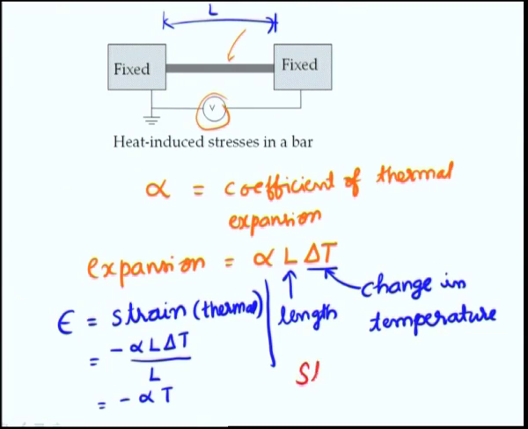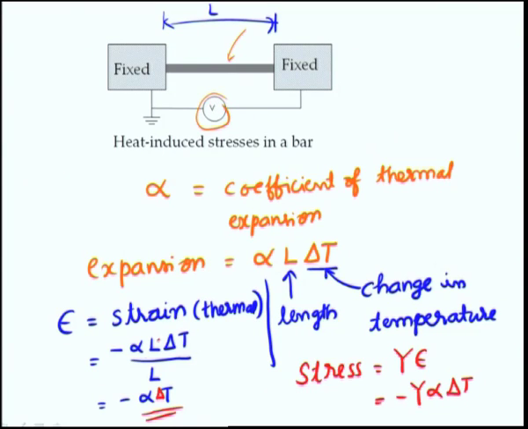If you want to write the thermal stress, we know the stress strain relationship. So, in this case, the thermal stress is going to be Young's modulus Y times epsilon. That will be minus Y, and epsilon we have just written as alpha times delta T. This should also be delta T, I forgot the delta, that is the change in temperature.